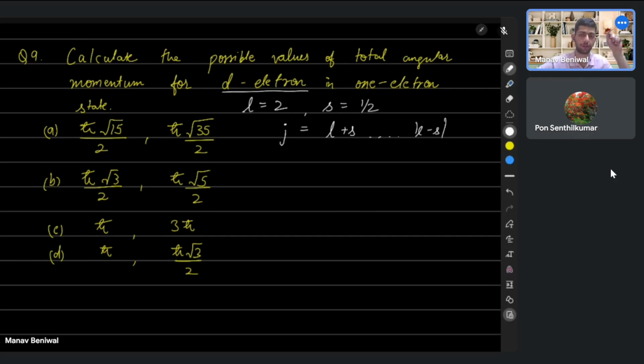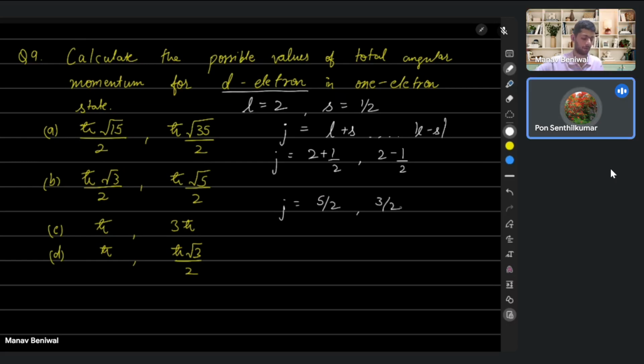Because it is an electron, so spin is half. So then J will have what values? J will have 2 plus half and 2 minus half. These two values. This will be 5 by 2 and this will be 3 by 2.